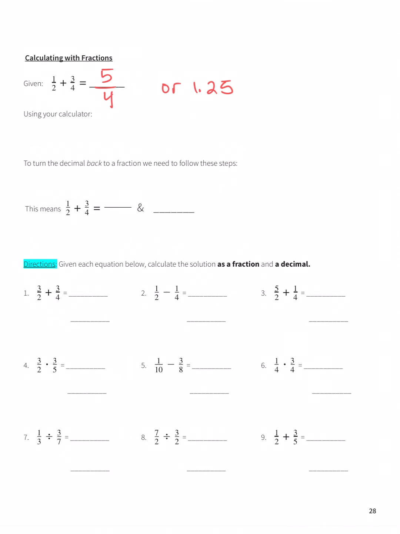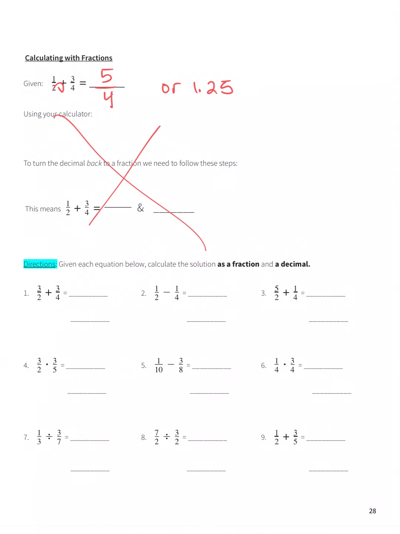We are gonna skip this part right now. We're not gonna dive real deep into the thinking. Just use your calculator. You can use your calculator always in this class. So type in on your fraction calculator 1/2 plus 3/4. That equals 5/4 or 1.25. 5/4 is a fraction. 1.25 is your decimal. Fraction, decimal. Okay.